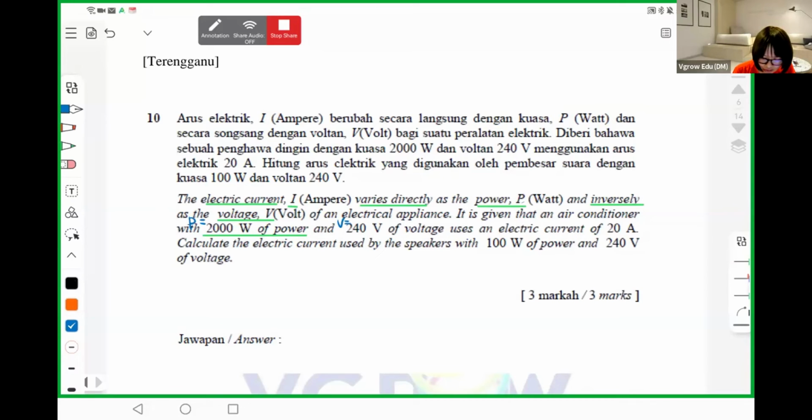Uses an electric current of 20A. What is A? A is I, right? So I equal to 20. All good?